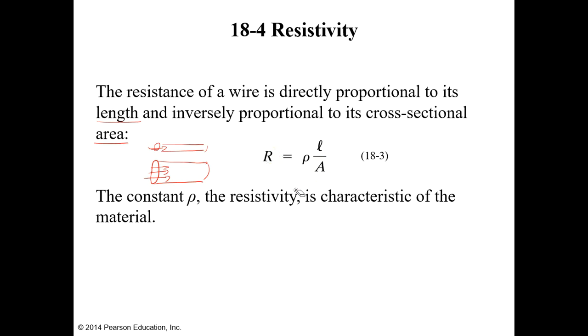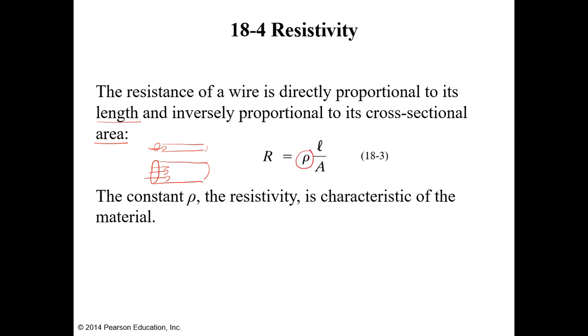The third thing that the resistance depends on is the material itself. Is it going to be a good conductor like copper? Is it going to be a semiconductor like silicon? Or is it going to be a non-conductor or an insulator like wood? Those are extreme examples, but every material conducts electricity a little differently.